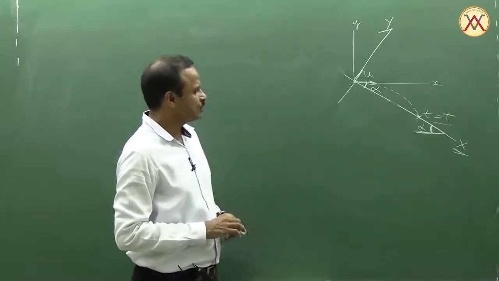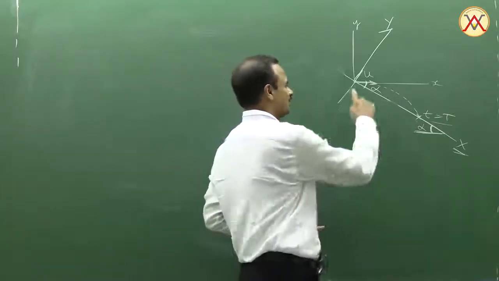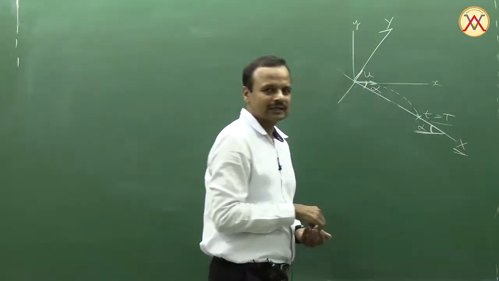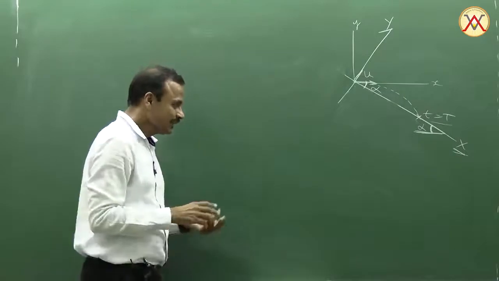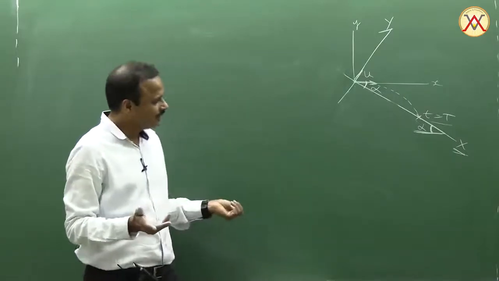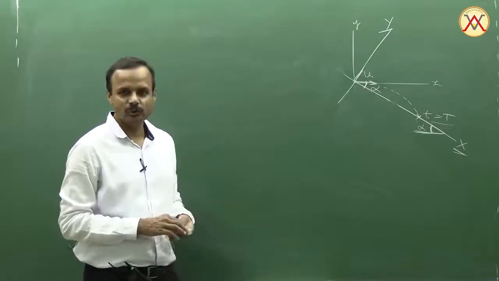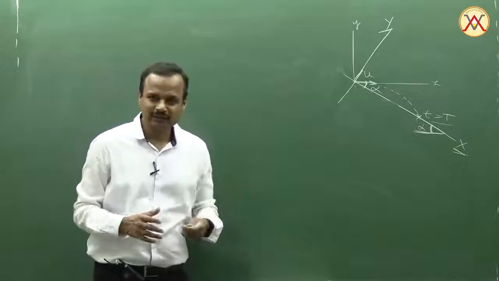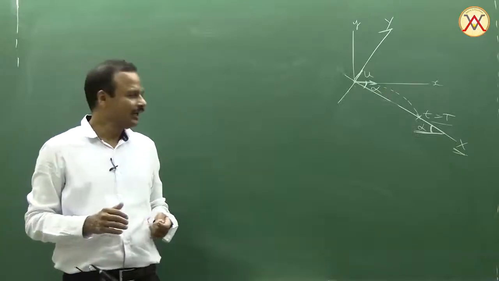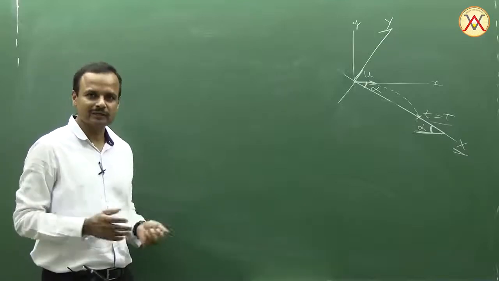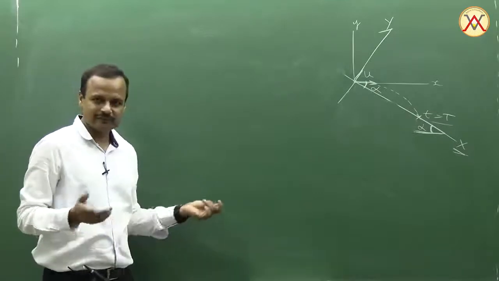Now, which coordinate system to use? Horizontal and vertical, or along and perpendicular to the incline? This is a question which you can solve by any of the coordinate systems. So let's do it using both one by one, and then we will compare the solutions. First, you can try this. Pause the video and try it.